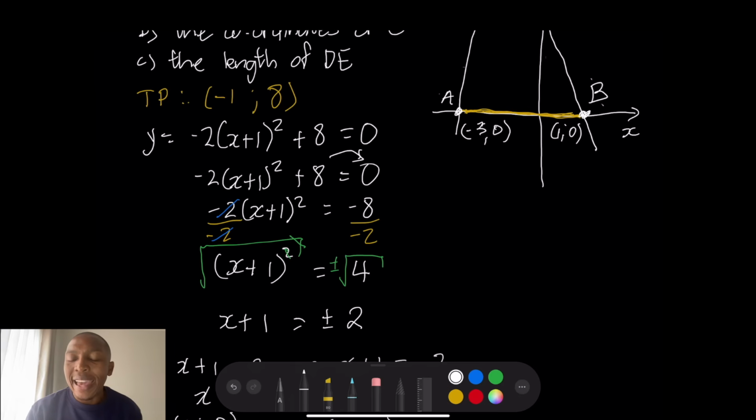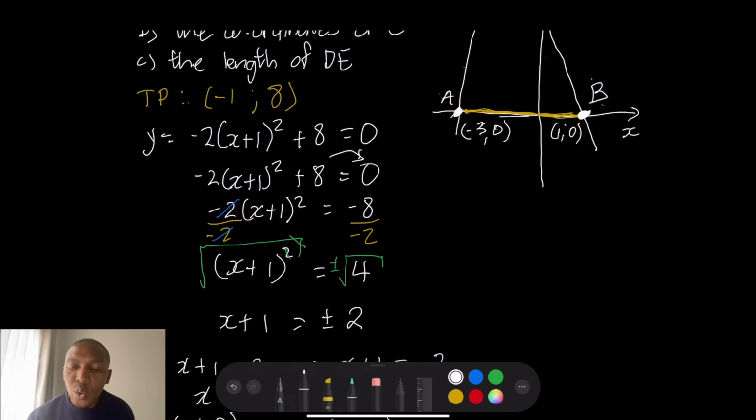When we're taking a horizontal line, meaning a line that is flat, it's not steep, to find the distance, all we need to do is take the x value at B minus the x value at A. Why? Because the y value does not change.